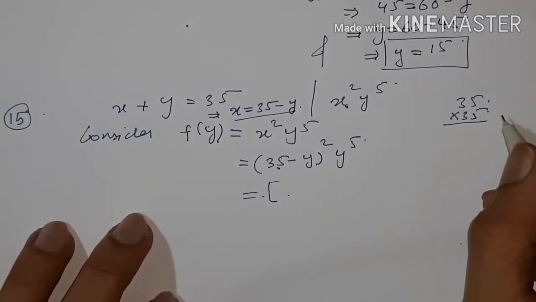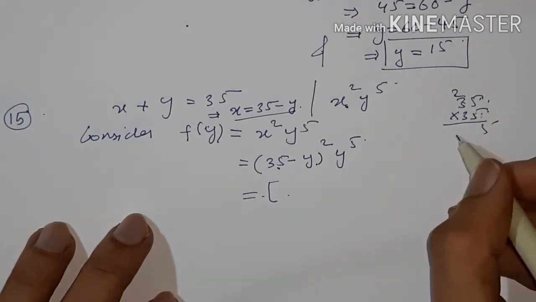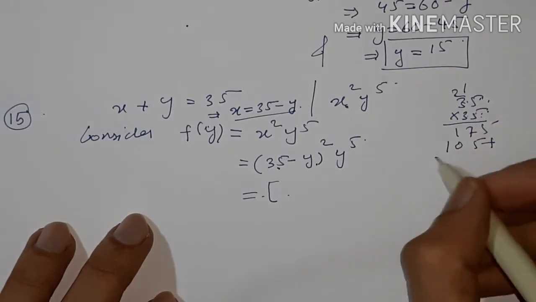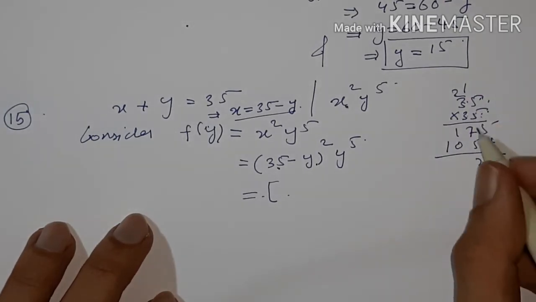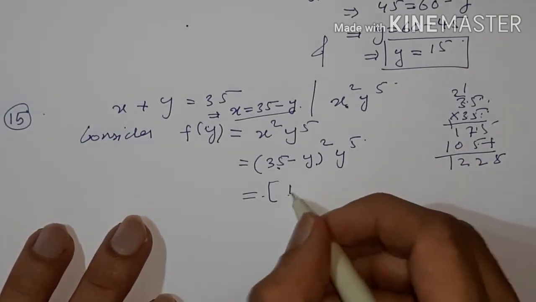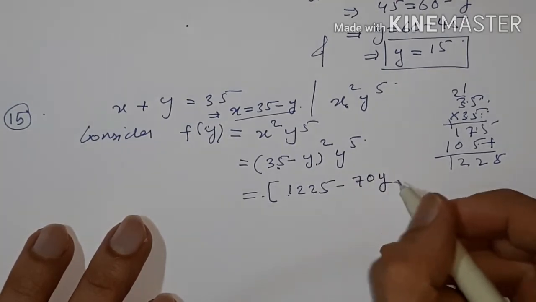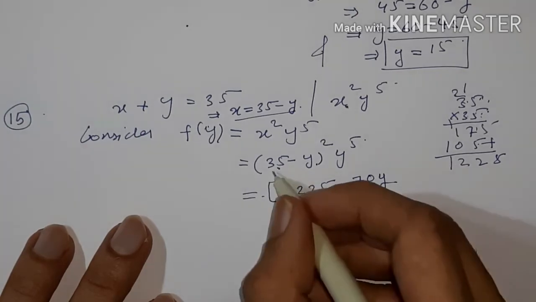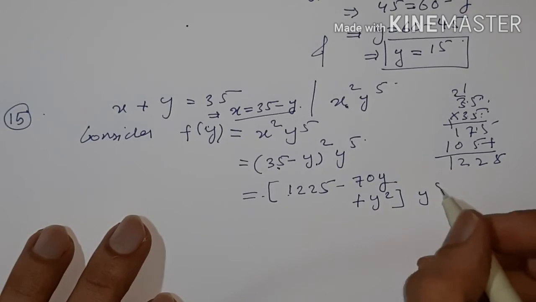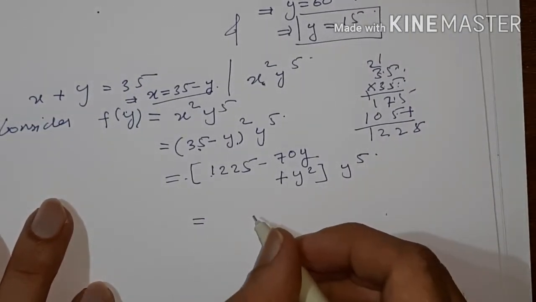So 35 square: 5 5s are 25, 3 5s are 15 plus 2 is 17, plus 3 5s are 15, 3 3s are 9 plus 1 is 10. So 5, 7 plus 5 is 12, 1 plus 1 is 2 and 1. So 1225 minus 70y, 2 times 35, plus y square, multiplied by y raised to 5.